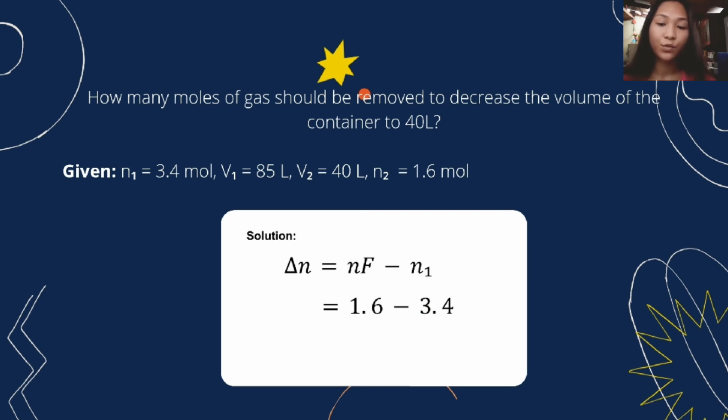To find this, we need to calculate the change in moles. That's the final amount minus the initial amount. The final amount was 1.6 and the initial amount was 3.4. So 1.6 minus 3.4 gives us negative 1.8 mole. And that's the final answer.